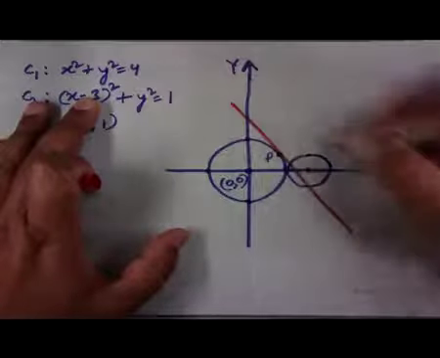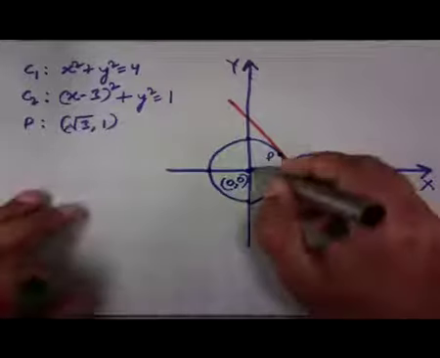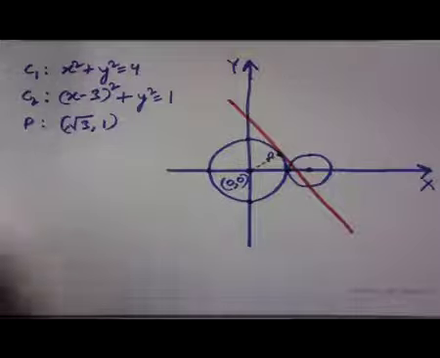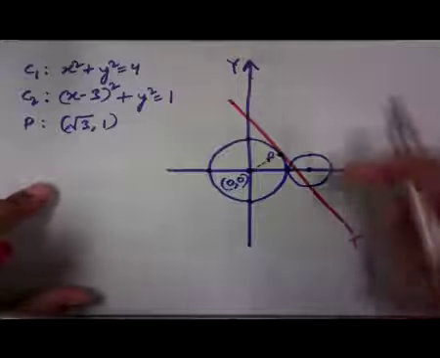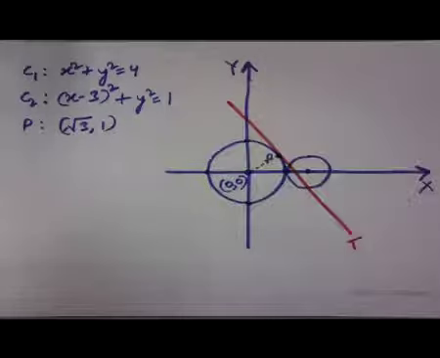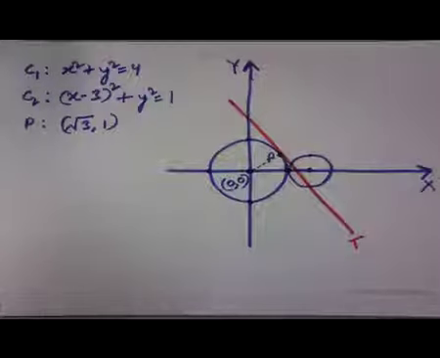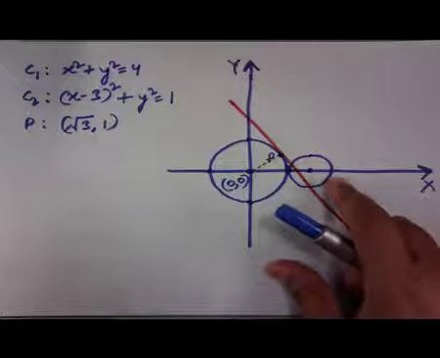So, this is going to be the tangent PT, and let us say this is T. So, this red line is the tangent PT to the first circle C1, and then it is said that a straight line L perpendicular to PT is a tangent to this other circle.